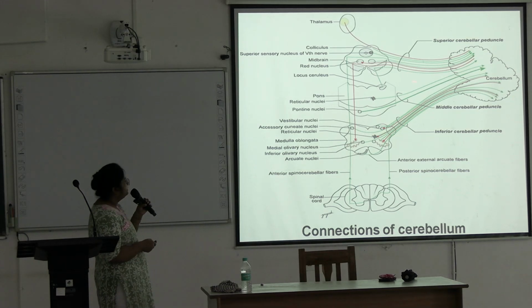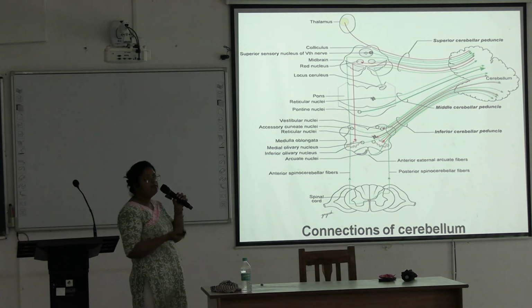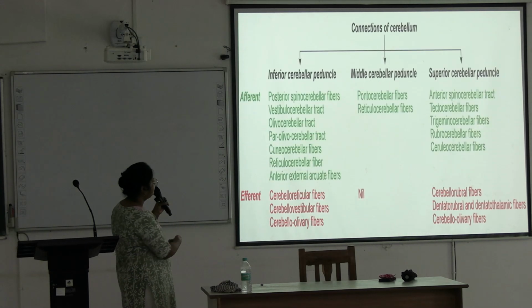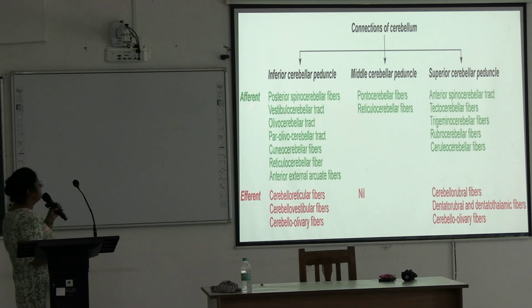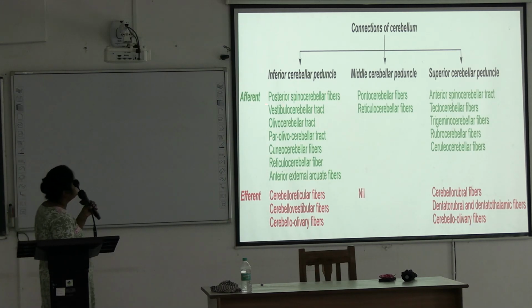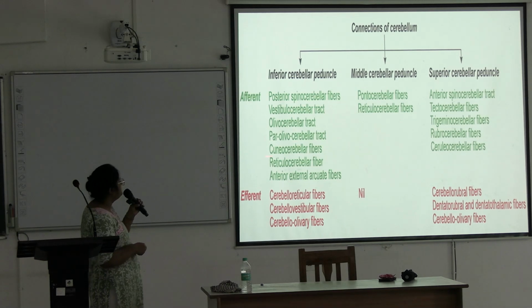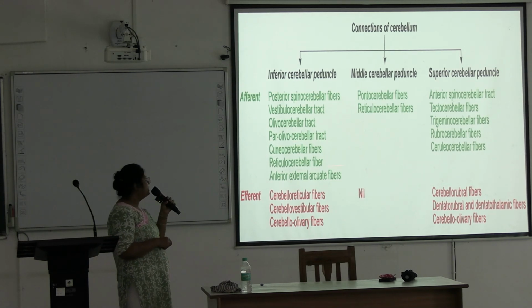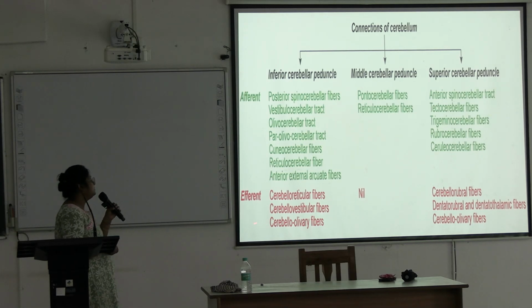You can see here the middle cerebellar peduncle is carrying only afferent fibers, and the superior one consists of both afferents and efferents. So these are the fibers for the inferior cerebellar peduncle. Afferents are posterior spinocerebellar, vestibulocerebellar, olivocerebellar, parolivocerebellar, cuneocerebellar, reticulocerebellar, anterior external arcuate. Efferents are cerebelloreticular, cerebellovestibular, cerebello-olivary.